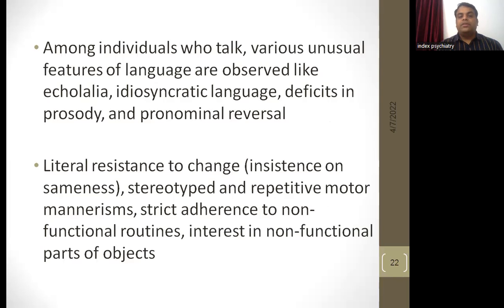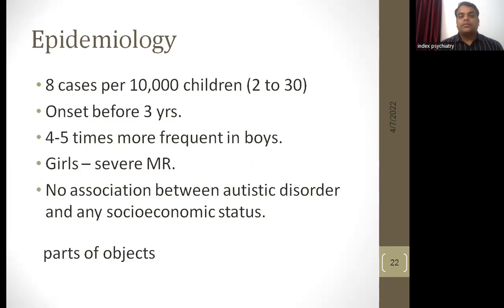Various unusual features of language are observed, like echolalia and pronominal reversal. Literal interpretation, resistance to change, stereotyped and repeated motor mannerisms, strict adherence to non-functional routine, and interest in non-functional parts of objects.